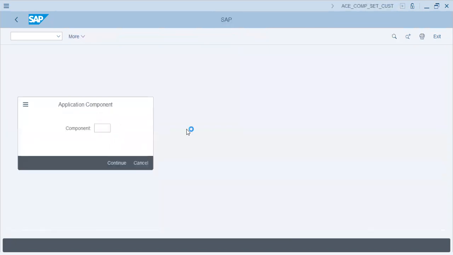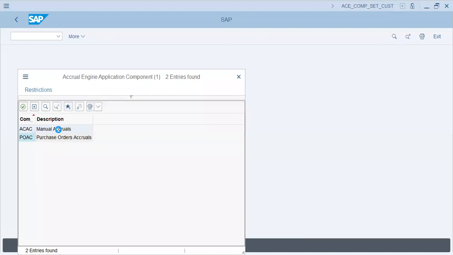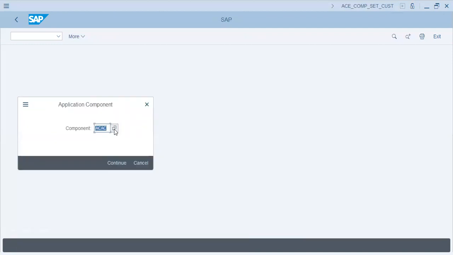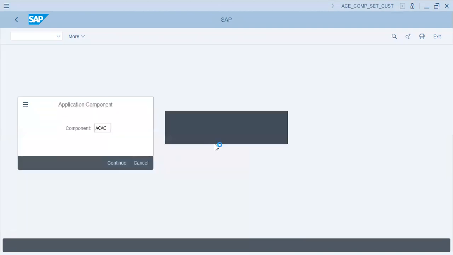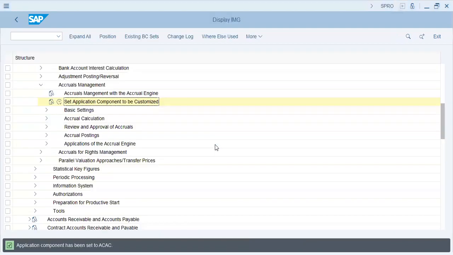Component will be AC. There are two types of accruals. Purchase order accruals are also part of it. We will use AC. Okay. The other part has been set to AC.